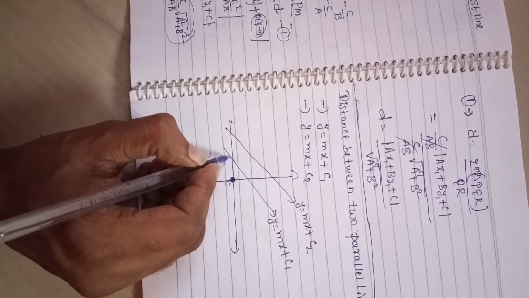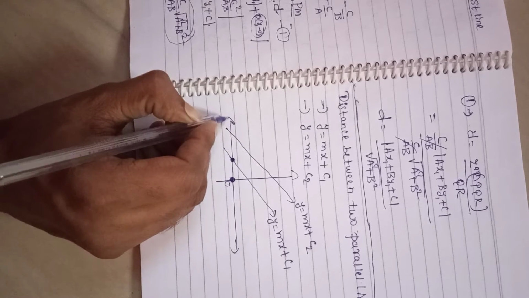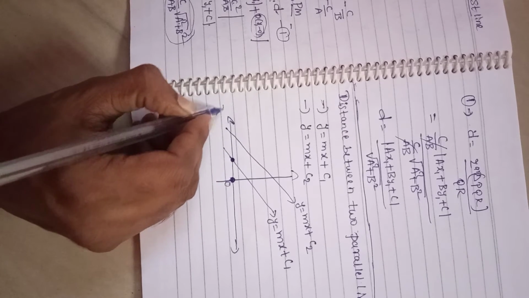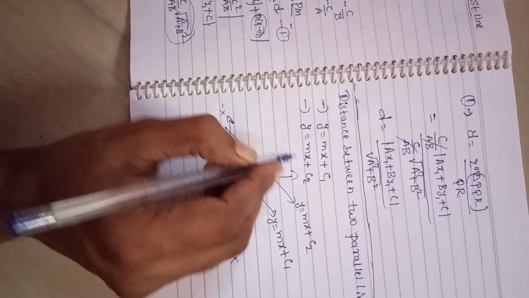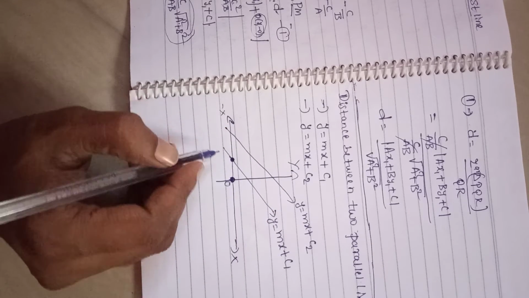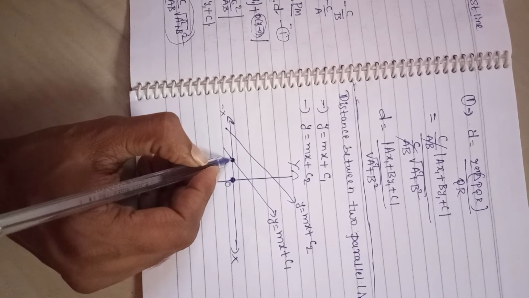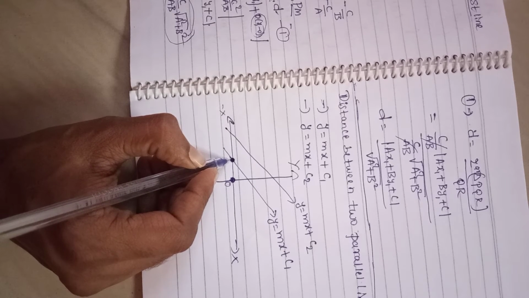and it is making an x-intercept on the negative x-axis. Okay, and this is the positive x-axis, and this is the positive y-axis. So now let me find this point, which is of the form x comma y.